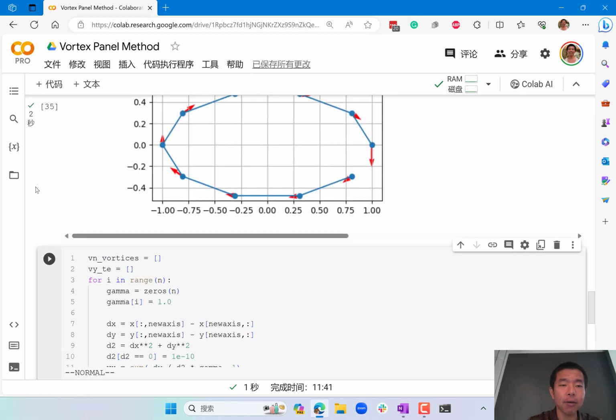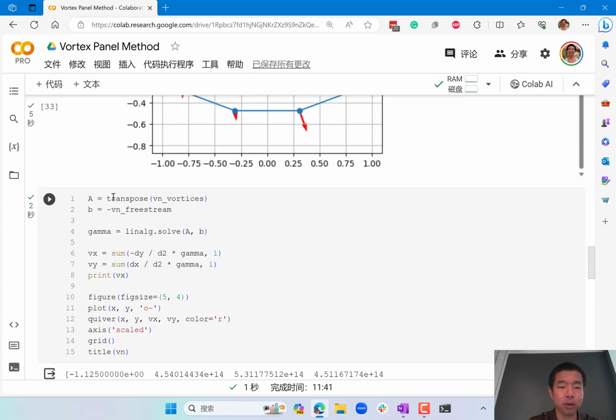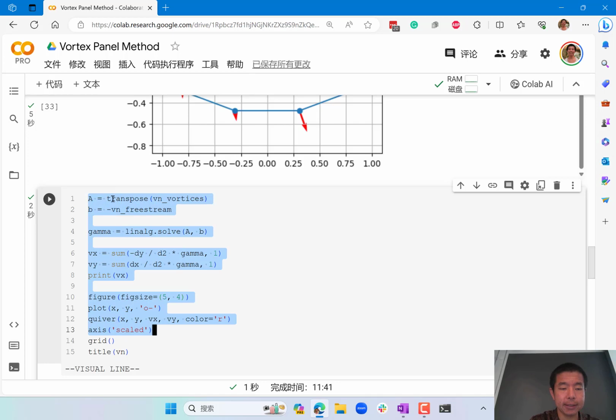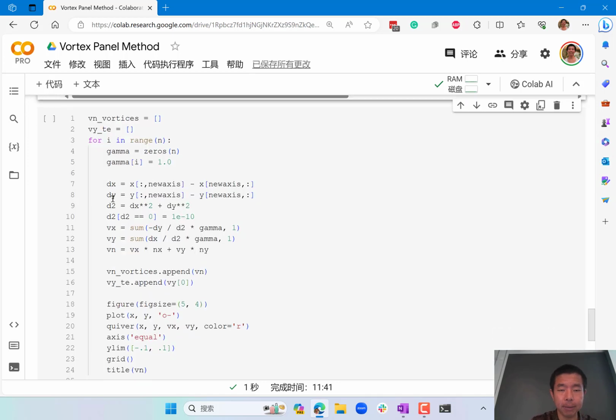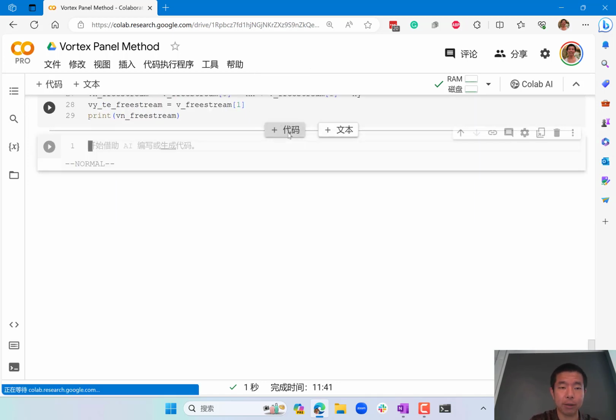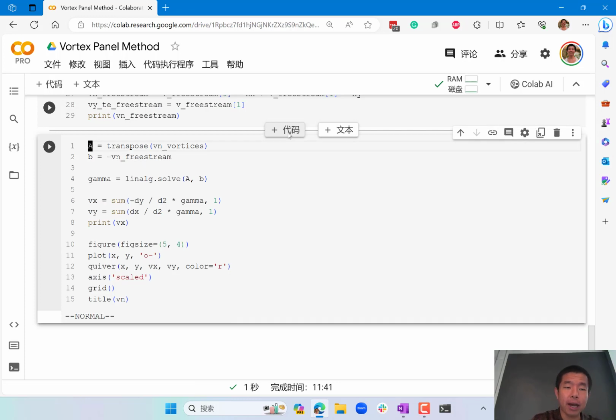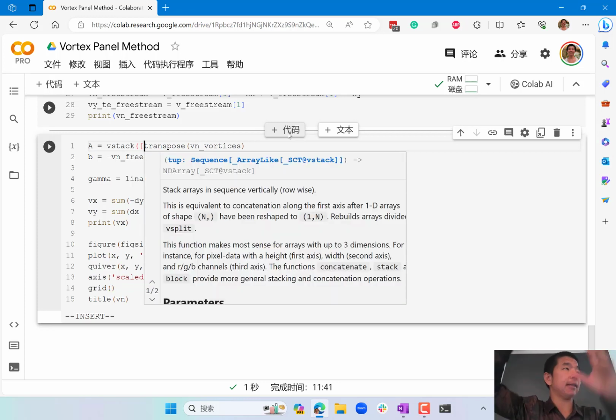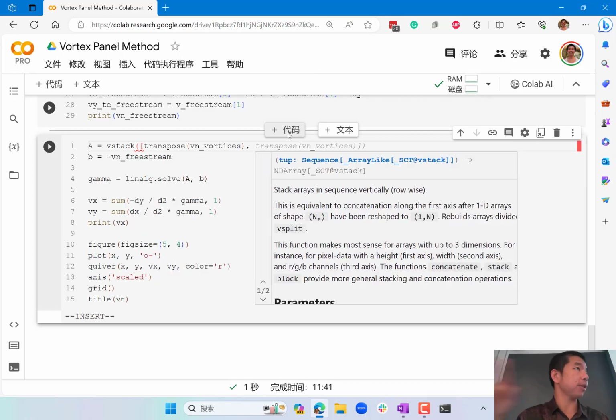Now let's complement our matrix. We copy this, but complement the matrix with the other equation. We have this A, but we are going to stack it. V-stack means stack the matrix vertically. So we have the first n rows, and we add another equation, which is another row.